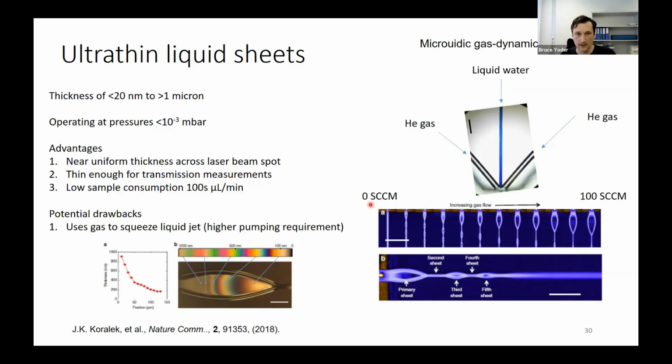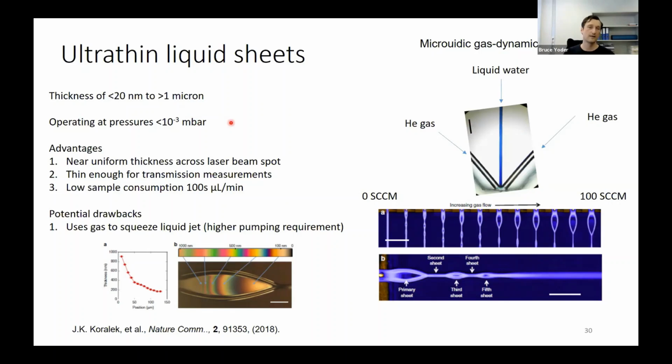Here we see increasing amounts of helium from 0 SCCM to 100 SCCM, and we see from a cylindrical jet, which would just be the output of the central channel, increasingly flatter and thinner and wider flat jets.